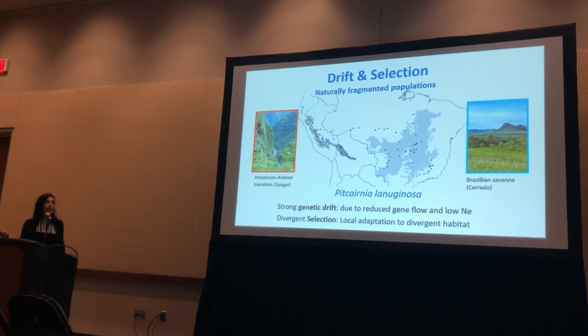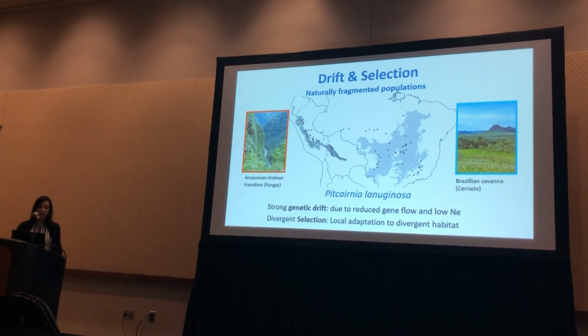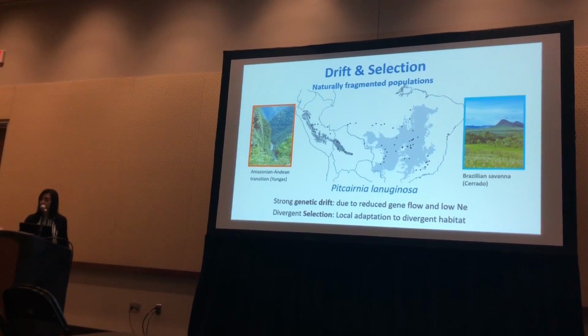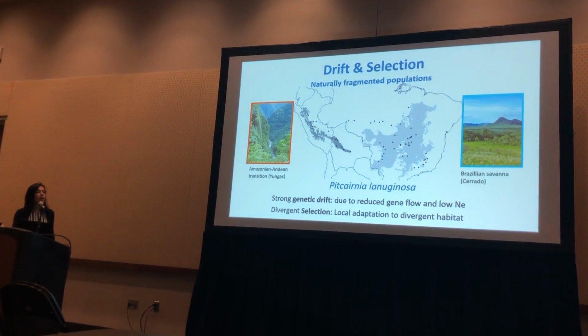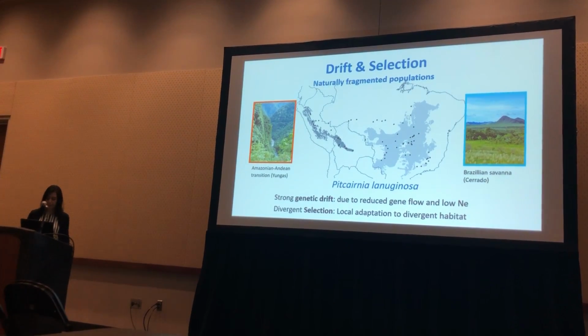With that, we hypothesize that strong drift will happen due to reduced gene flow and low effective population sizes, and divergent selection will happen due to local adaptation to divergent habitats.